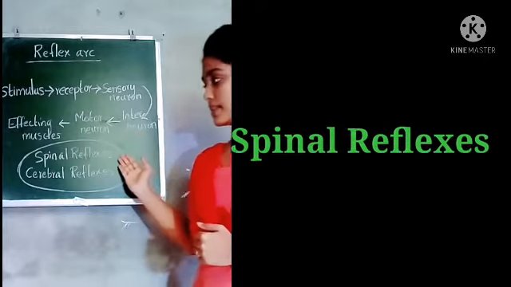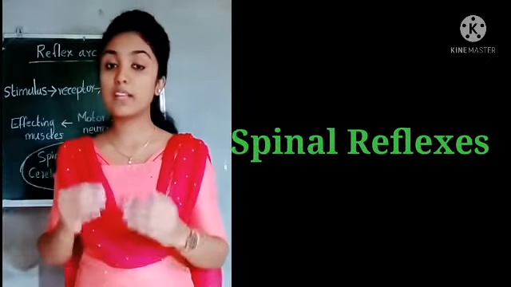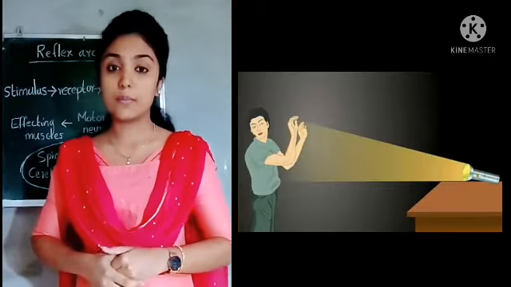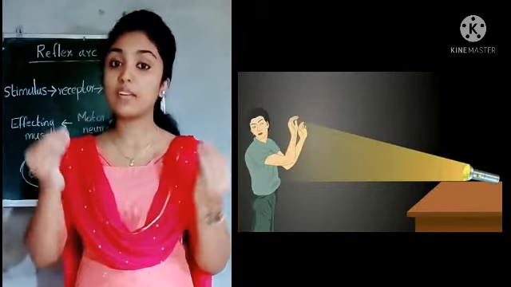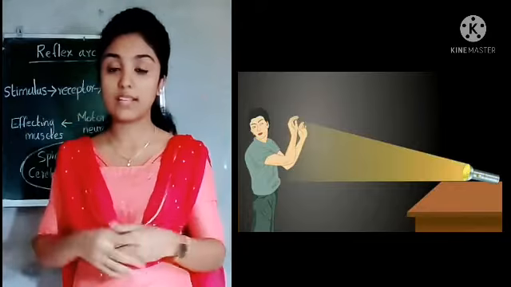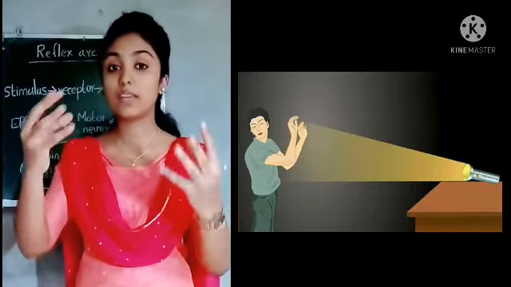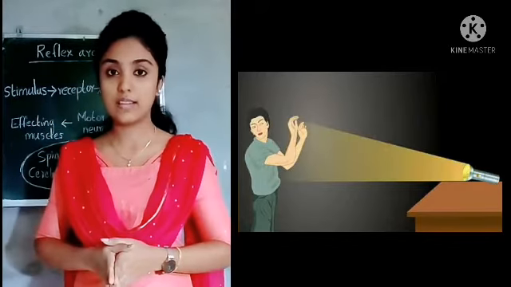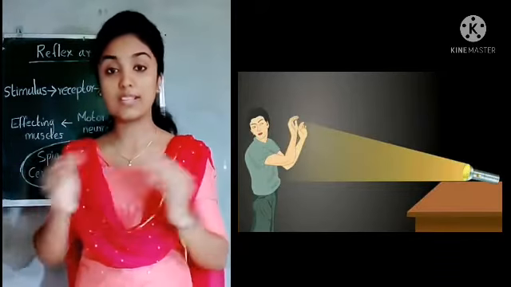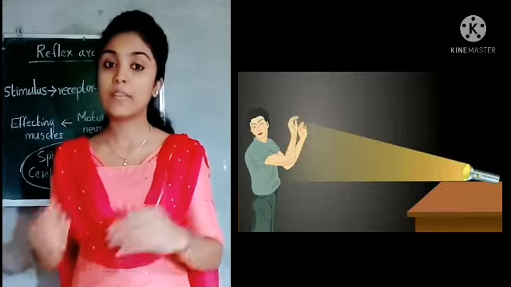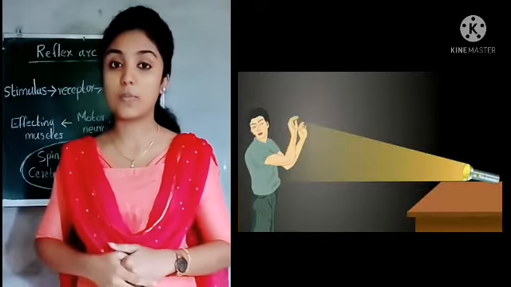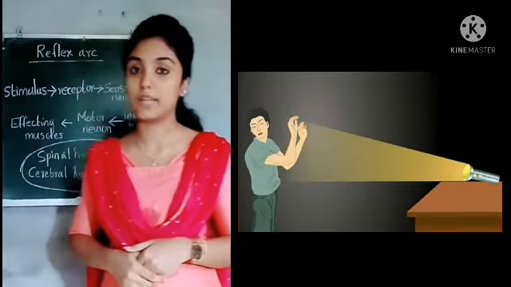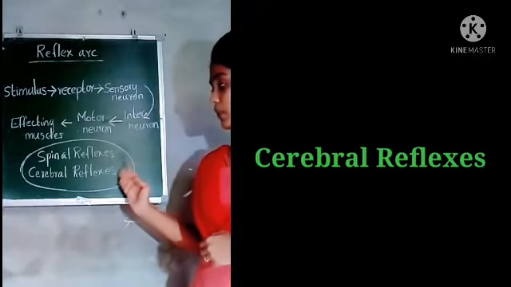But we can't say that the spinal cord is the center for all reflex actions. For example, blinking of our eyes when light suddenly falls on them, or when some object comes towards our eyes. This reflex action is controlled by the cerebrum. Such reflex actions are termed cerebral reflexes.